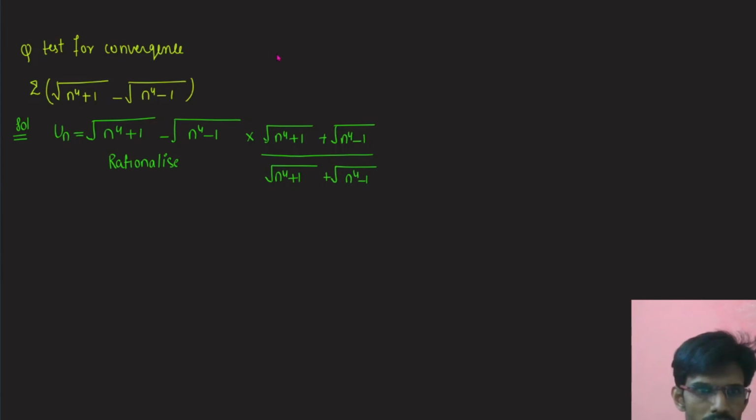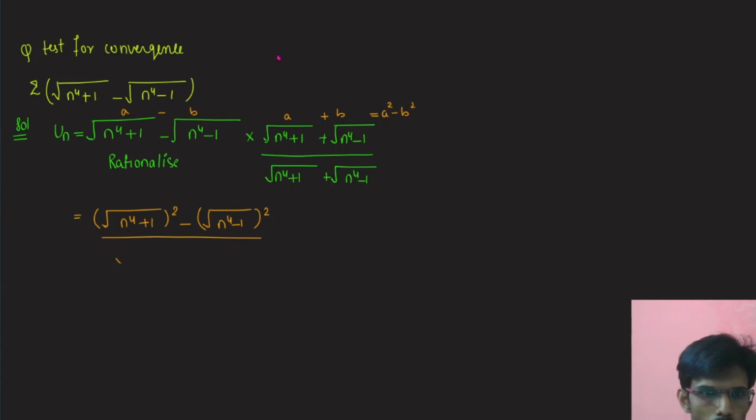Now if we think of this as a minus b and a plus b, this will become a square minus b square. So this will become root over n power 4 plus 1 whole square minus root over n power 4 minus 1 whole square, upon root over n power 4 plus 1 plus root over n power 4 minus 1.